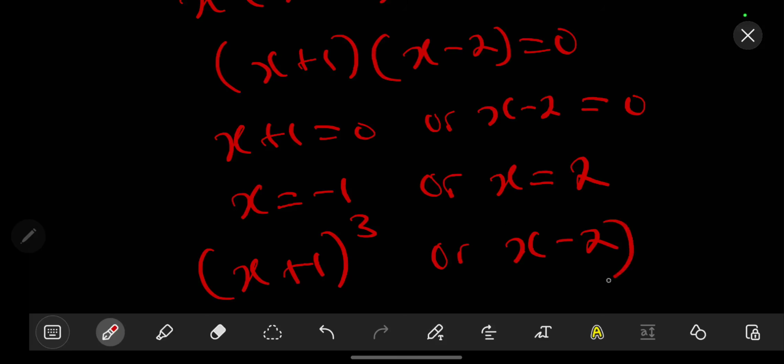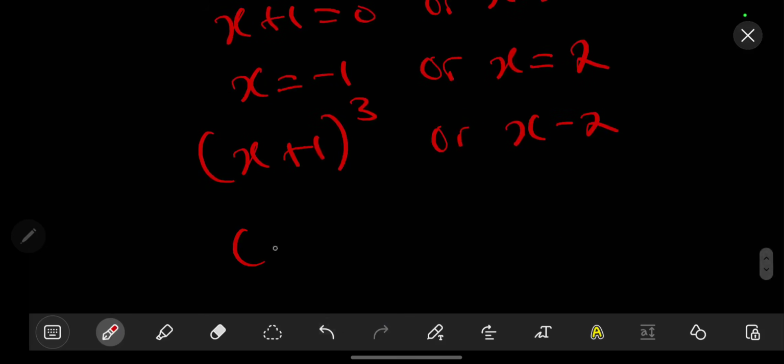So let's see if we were told to factorize. We have our x minus 2, we have x plus 1, and we also have our x minus 1 to the power 2. As you can see, if you add the powers, 2 plus 3 is 5, plus the power 1 that is here is 6.